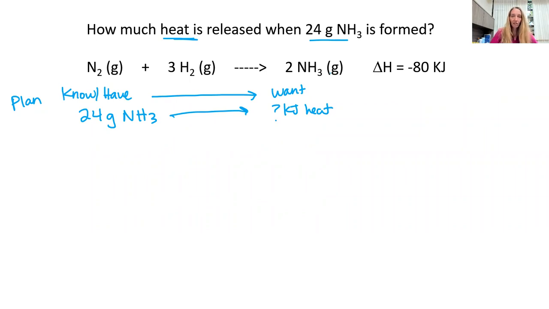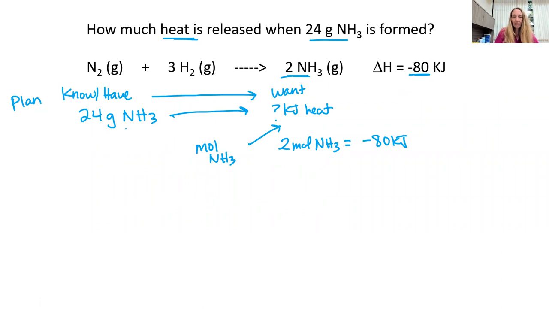Now, when I have this balanced equation, I know that for every 2 moles of ammonia, I produce negative 80 kilojoules of heat. So I know if I get to moles of ammonia, I can get to kilojoules of heat. Okay, so 2 moles of NH3 equals negative 80 kilojoules of heat.